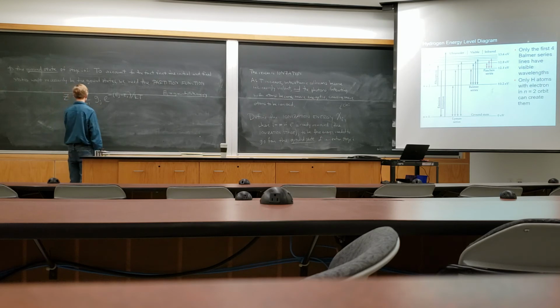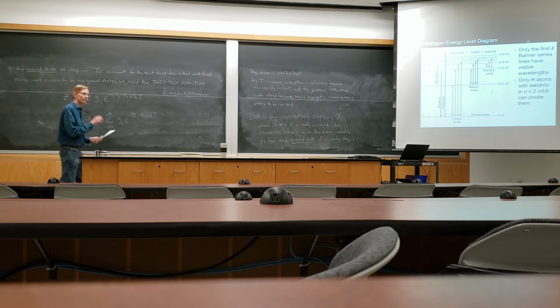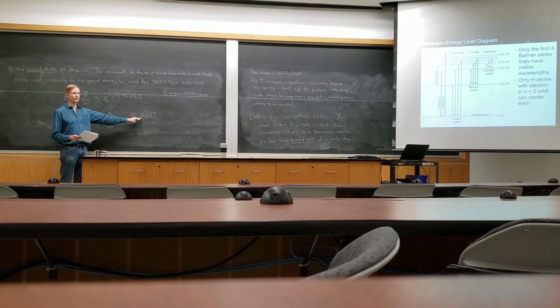So we can break it into g sub 1 plus the sum for all the other states, 2 to infinity, of g sub j e to the minus (E sub j minus E sub 1) over kT. Sometimes it's useful to break off the g1 there. Often g1 is the most important contribution because of the way that this exponentially decays as the energy increases.